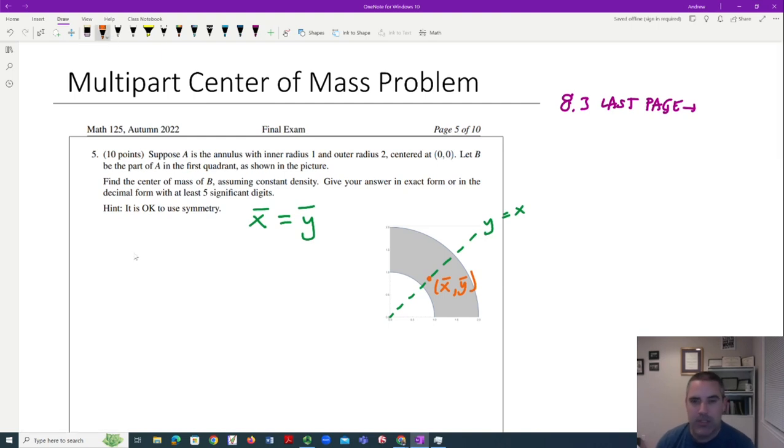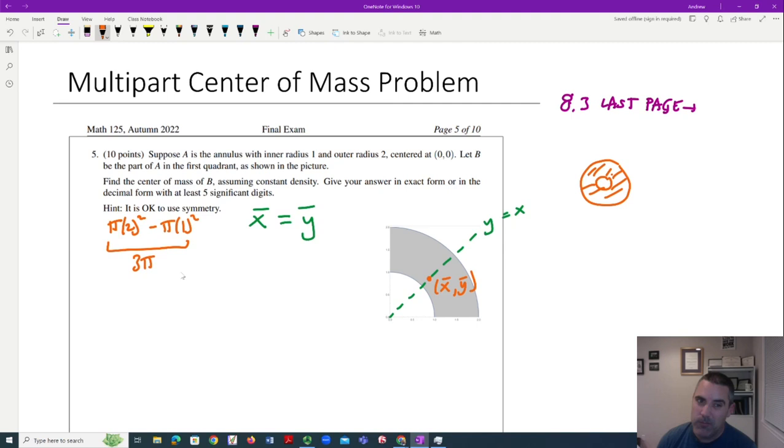There's one other bit of savings, which is the area. You can do the area of the big circle, pi times 2 squared, minus the area of the small circle. And so the area of the whole annulus is going to be 4 pi minus 1 pi, which is 3 pi.